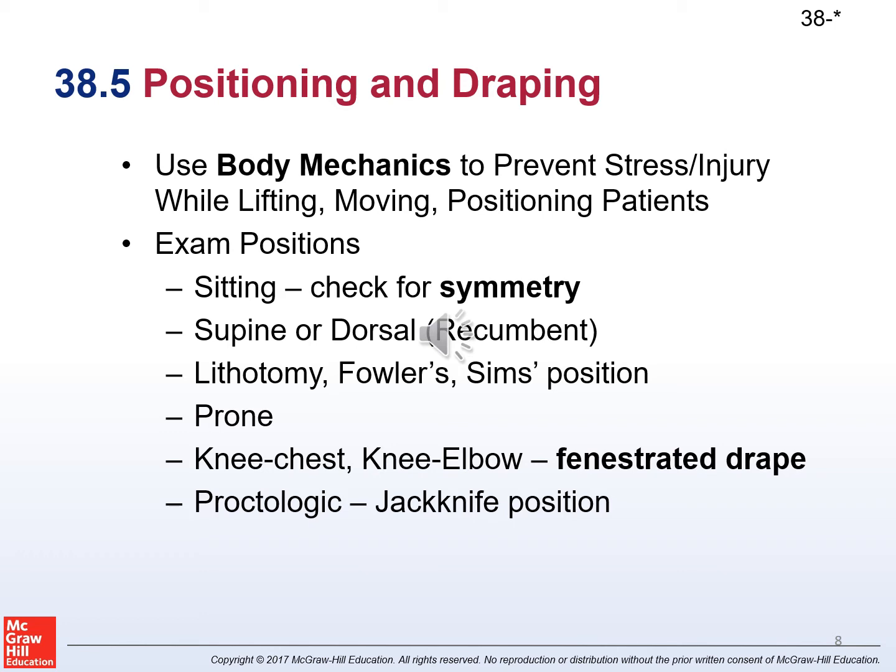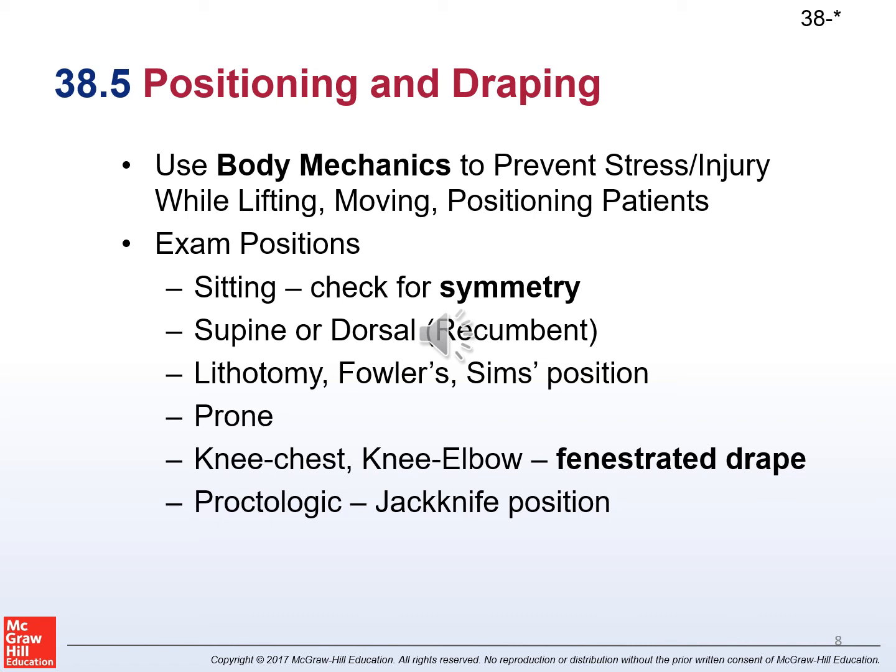In the knee to chest position, the patient is lying on the table face down, supporting the body with the knees and chest. The knee to elbow position is an alternative for the same purpose. The patient is commonly covered with a fenestrated drape, which has a special opening that provides access to the area being examined.